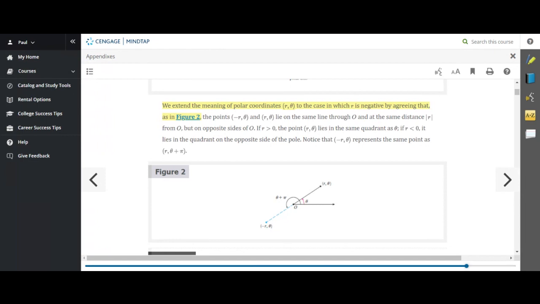You move forward a positive radius, and that gets you to (r, theta), the point with polar coordinates (r, theta). But if your radius is negative, you don't move forward, but you move backwards that radius value. And so you have another polar coordinate that has a negative radius and an angle theta. Okay, so if the radius is positive, you move forward. If the radius is negative, you move backwards.